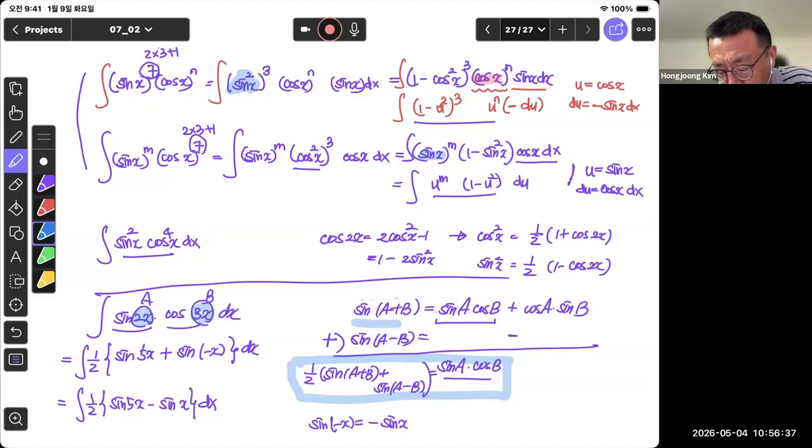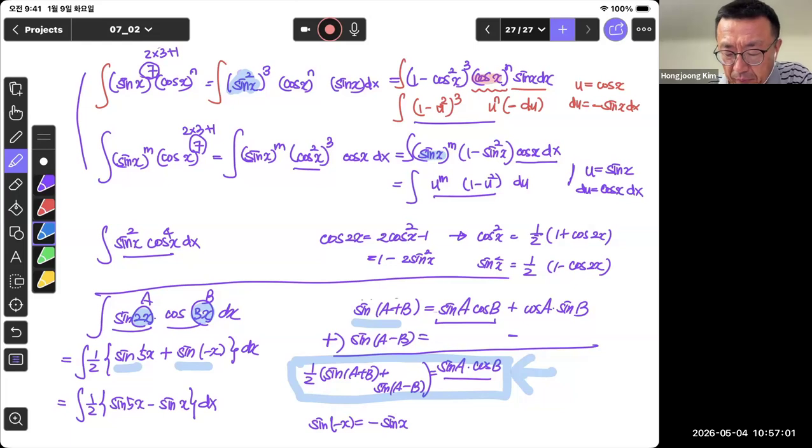From this sine formula, I can easily derive this. Then using this, I can split this product as the sum of two trigonometric functions, and then you can integrate them one by one. Okay. So this is the case.